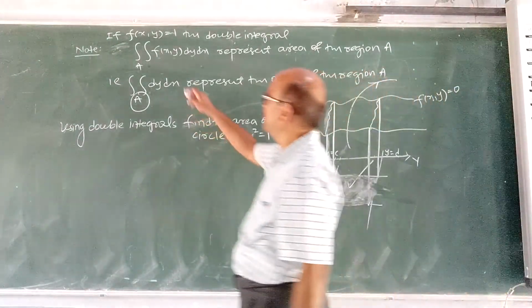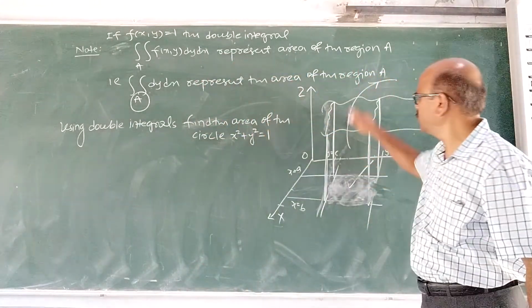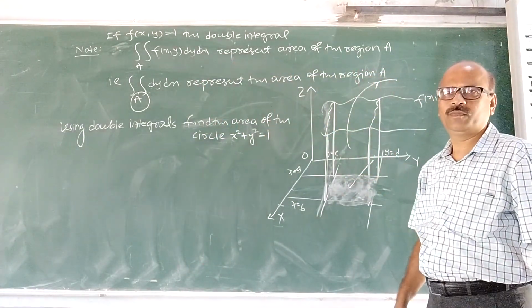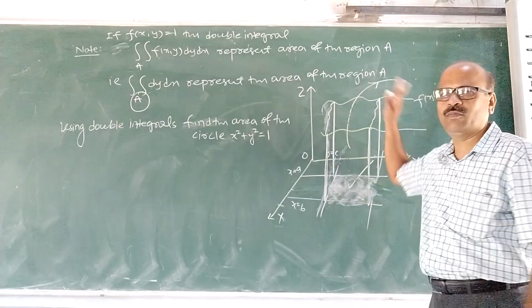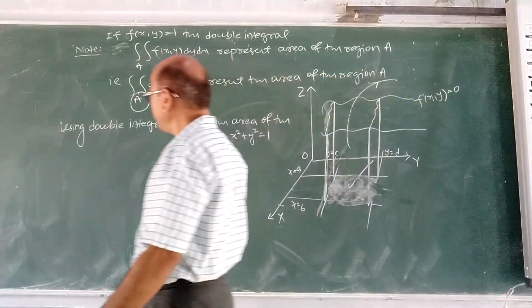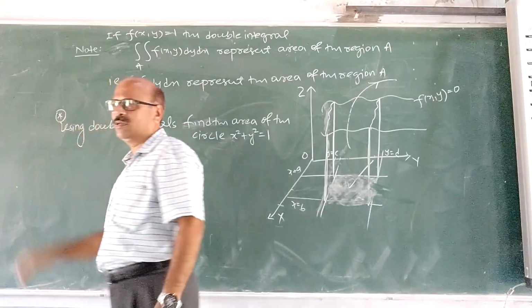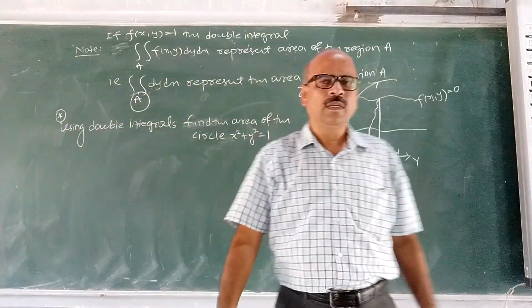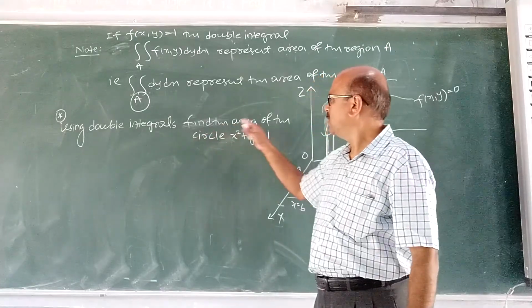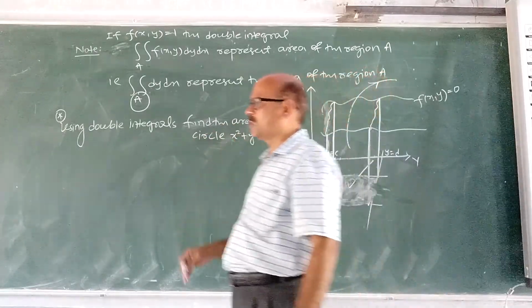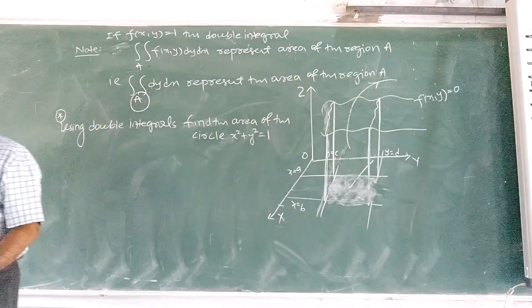If you take f of xy, then it covers this volume bounded by the surface above this region. So, we start with this problem. Using double integrals, find the area of the circle x square plus y square is equal to 1.